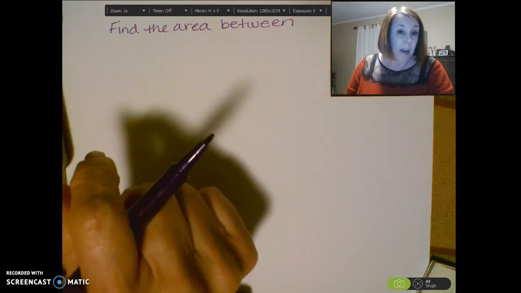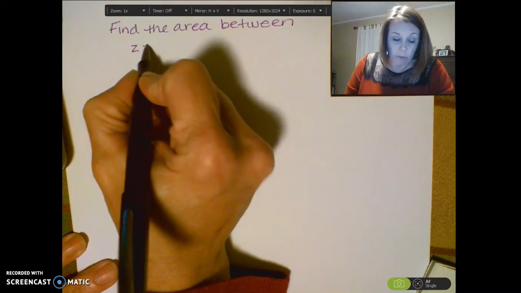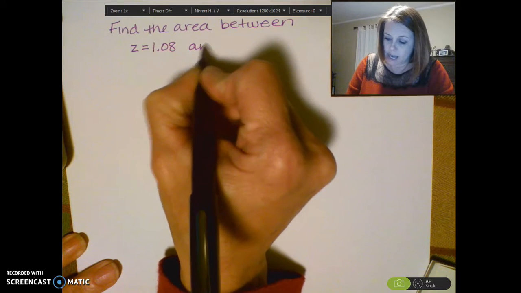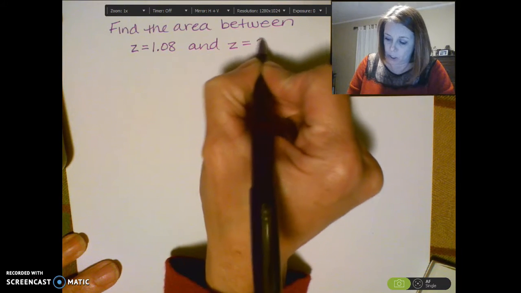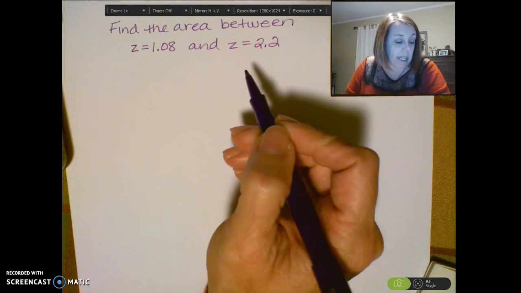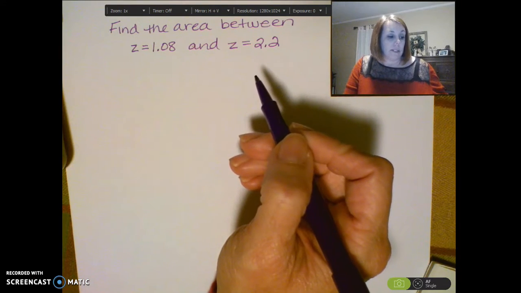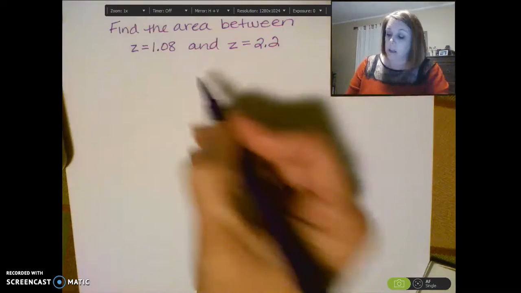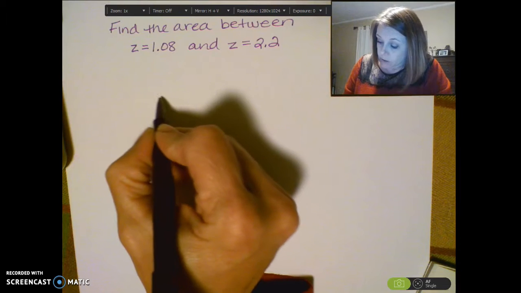Here we want to use two positive z-values. We're going to use z equals 1.08 and z equals 2.2, both of which lie to the right of the mean. The same general setup would occur if we pick two values to the left of the mean, two negative values.